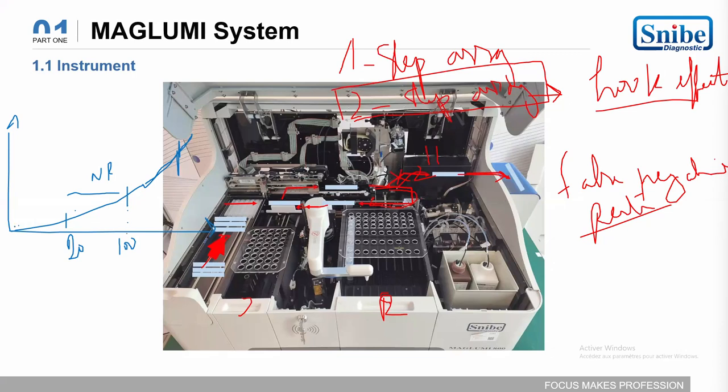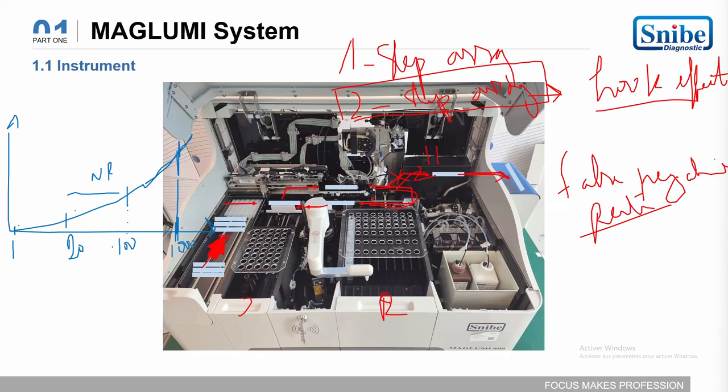And the measuring range is the range that is reportable by the analyzer, that is displayed and provided by the system. It is, for example, from 1 to 1000.